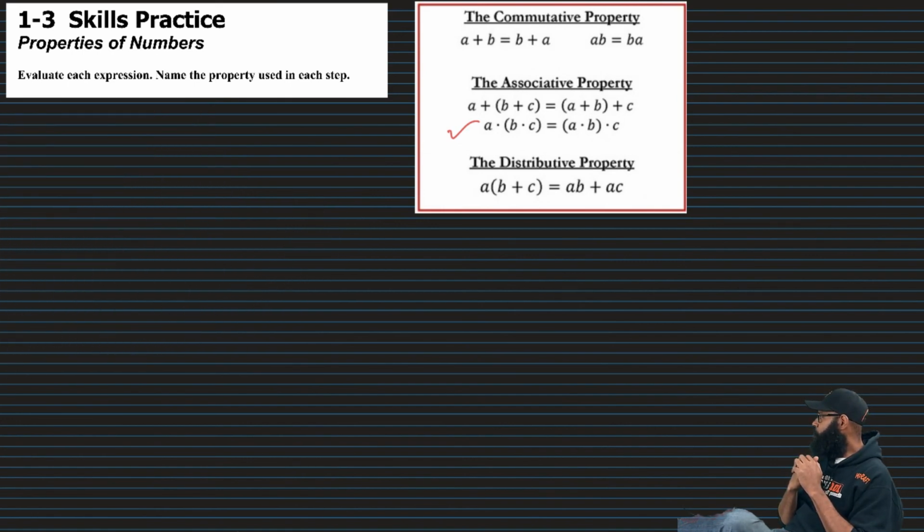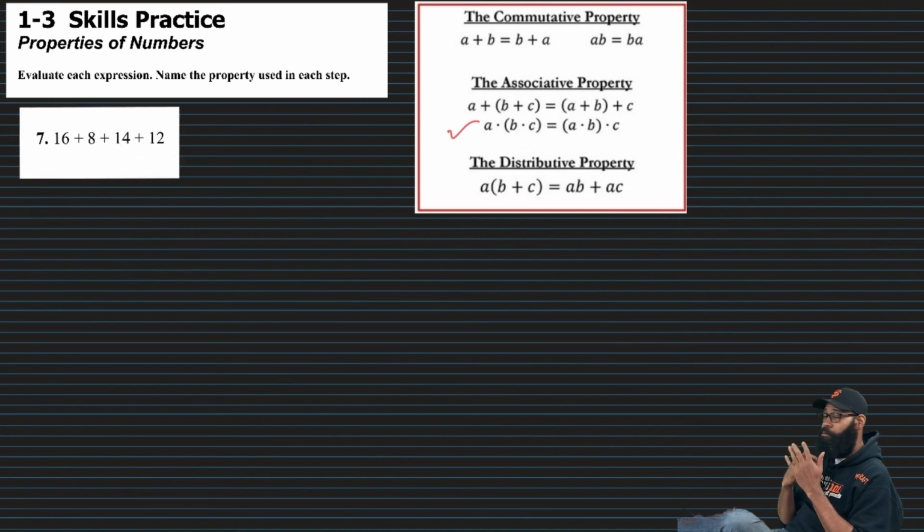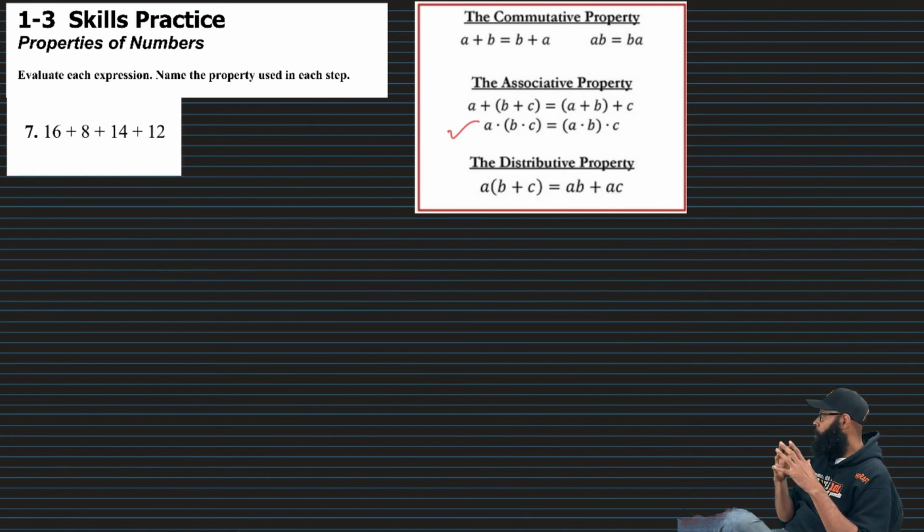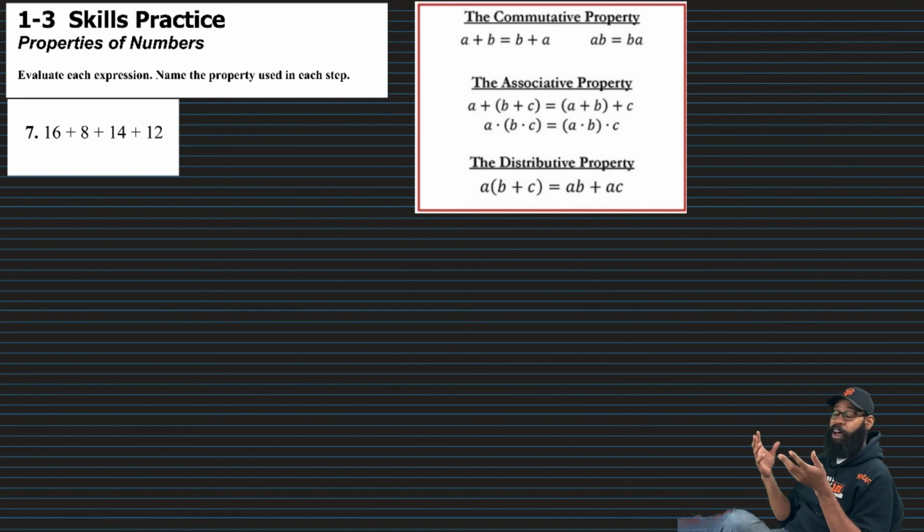And I think number 7, again, is a commutative property. Definitely no parentheses in this one, I don't see. I just see numbers that are easy to add. So doesn't matter if it's 2 plus 3 or 3 plus 2. Doesn't matter if it's 5 plus 4 plus 3 or 3 plus 4 plus 5, right?